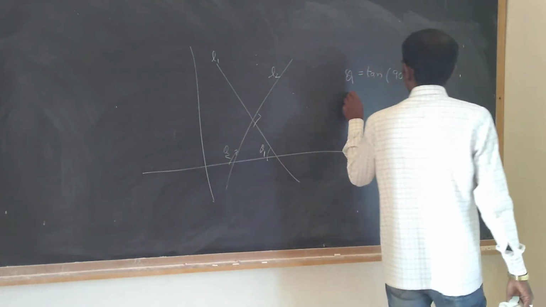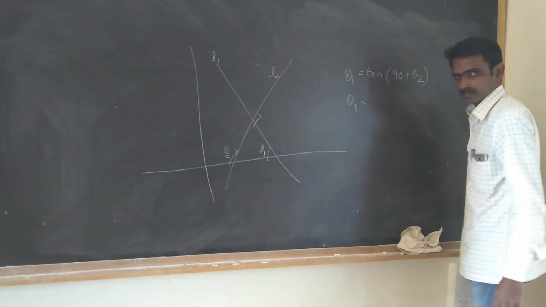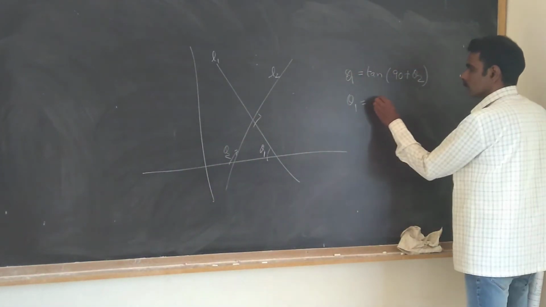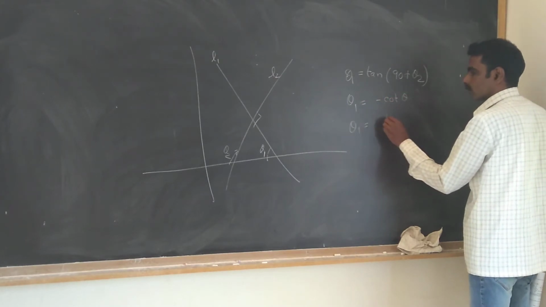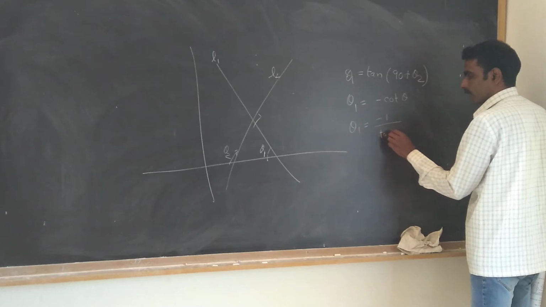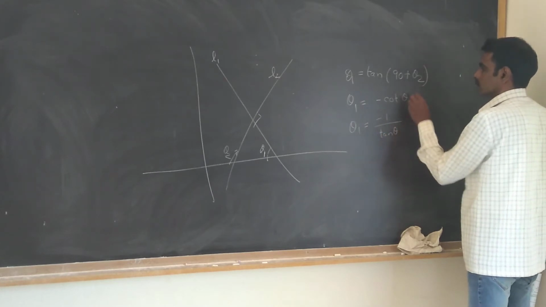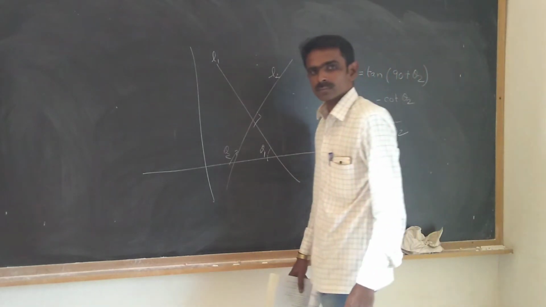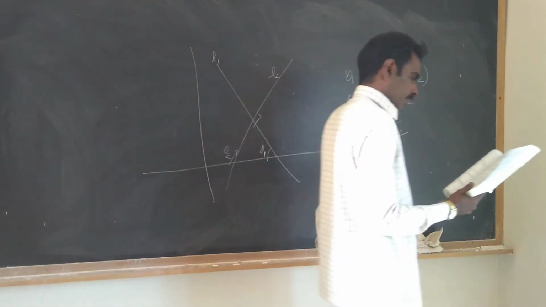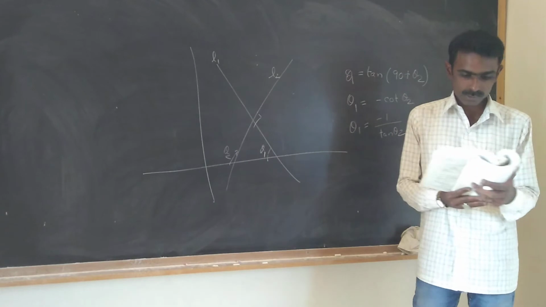Now, tan of 90 plus theta is minus cot theta. So tan theta 1 will be equal to minus 1 divided by tan theta 2.